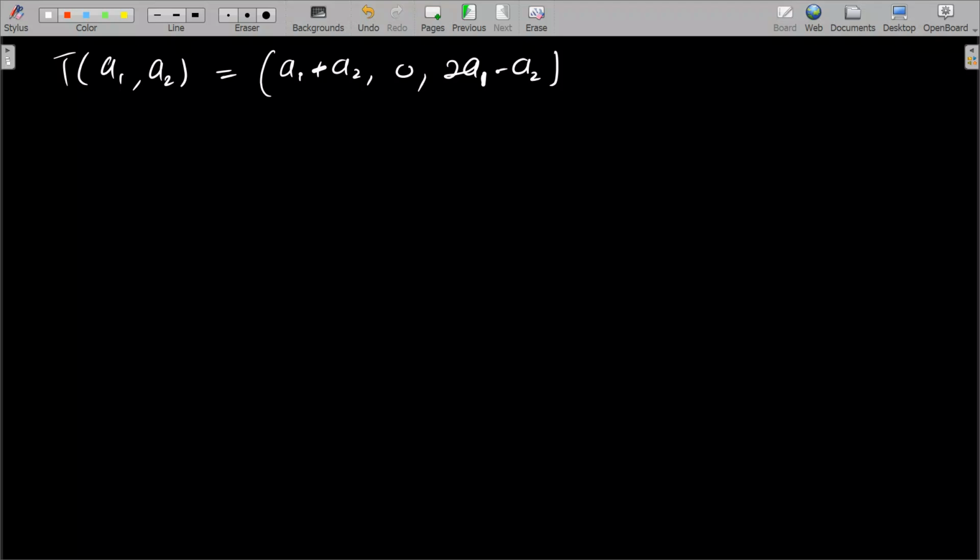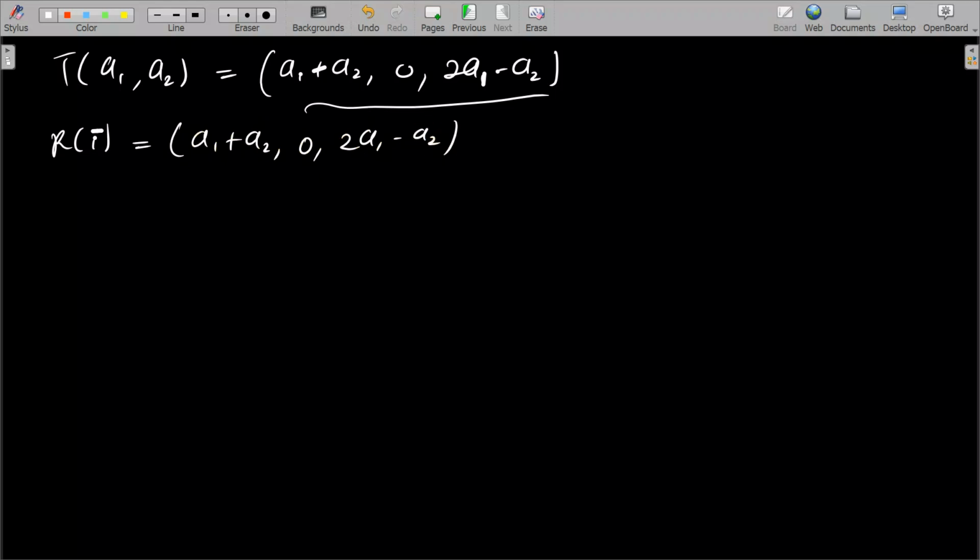Now to show that this is a three-dimensional vector space, this range here, we should show that the range of T, which is given in this form, is a1 plus a2, 0, 2a1 minus a2. I define it like this because that's the output we want, and that is the range of T. We know this vector will always belong to R3, right?